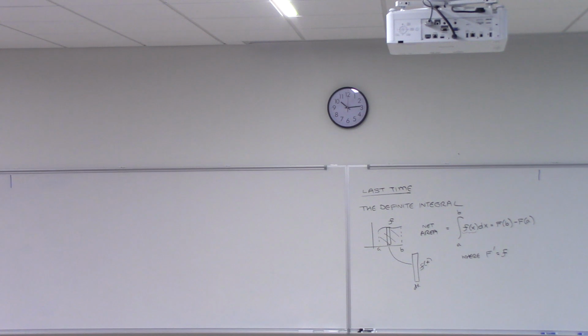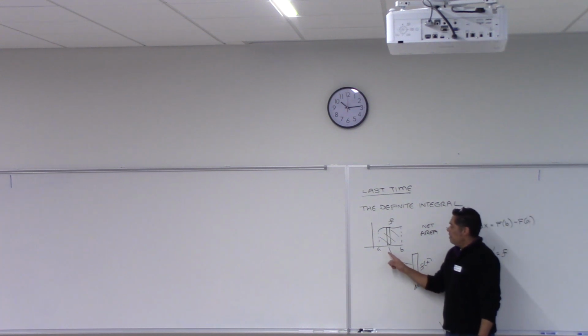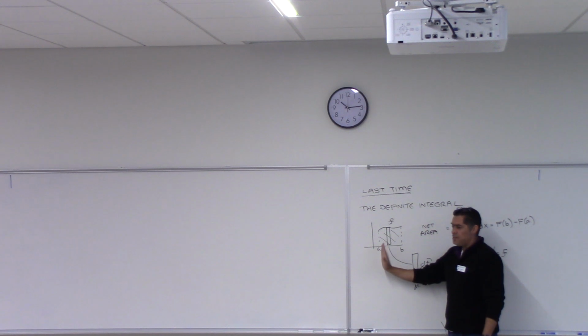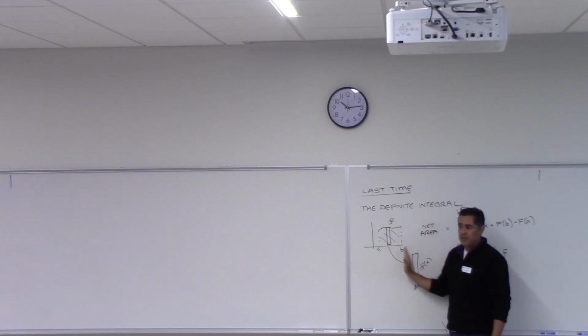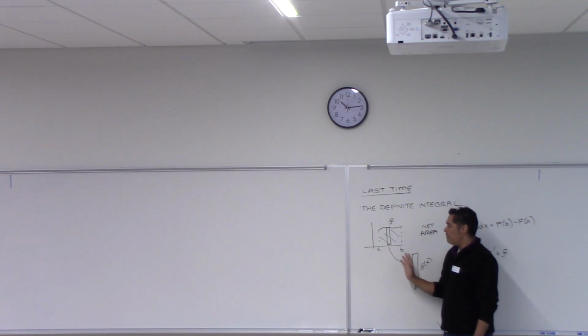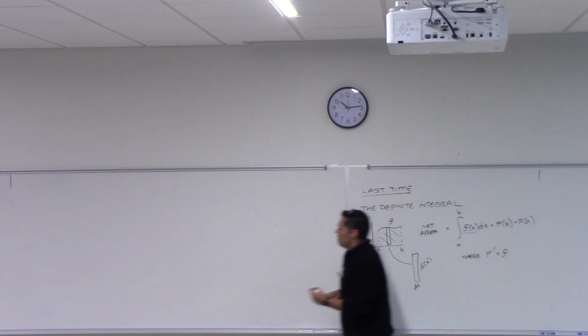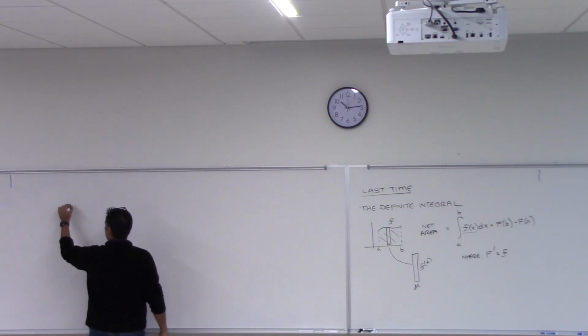Okay, so improper integrals. So what we've done up to this point, we only spent one day on it really, is looked at, we can find the area below a curve on some finite interval, right, from A to B. But what if we wanted to find the area under a curve?